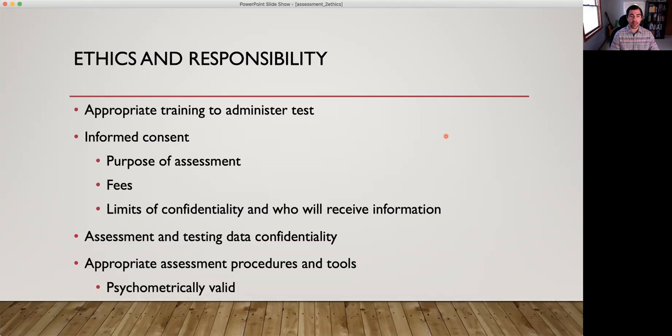And that people understand the limits of confidentiality and who will receive the information. So what will the outcome of that assessment be? Usually it's some sort of written report, and who receives that information? Usually it's just the client or the patient if it's an adult.